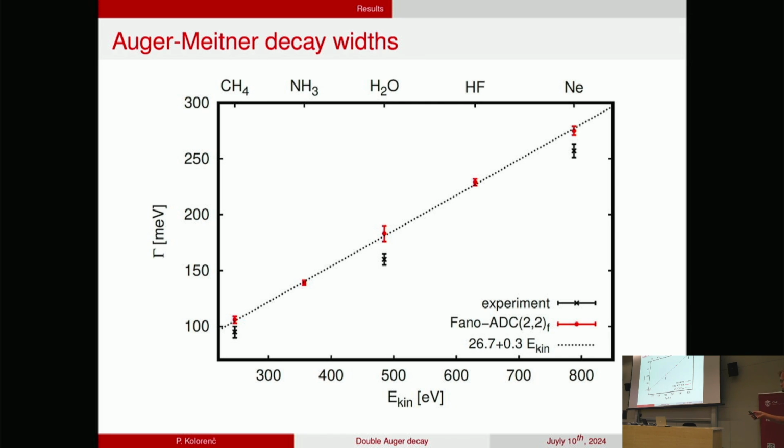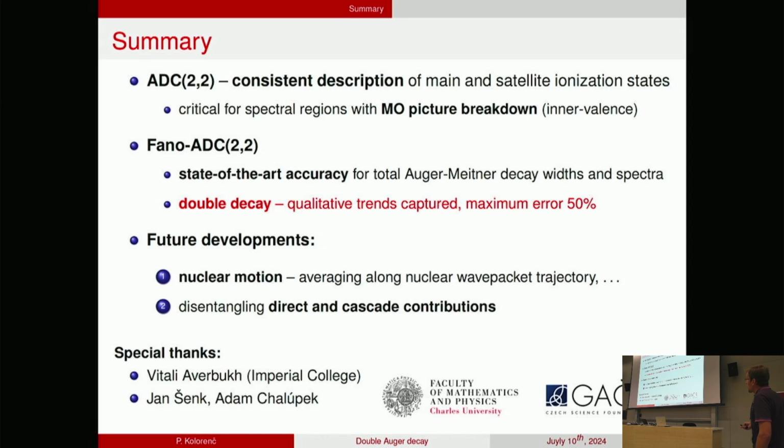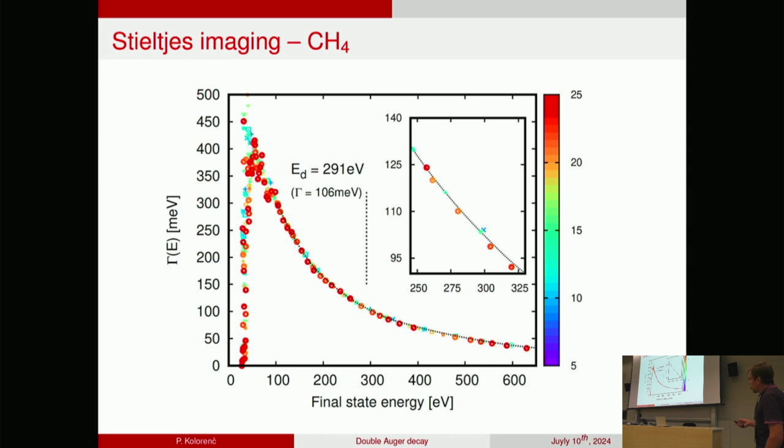Yeah. So what I am looking at is just the output of this Stieltjes imaging procedure, which gives me some discrete sampling of the decay width function, and you perform this Stieltjes imaging using an increasing number of spectral moments.